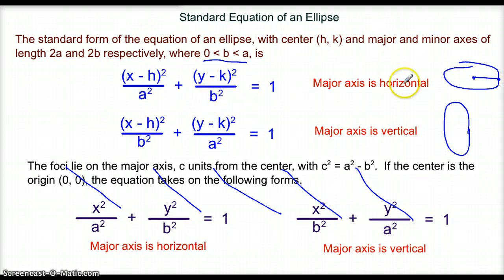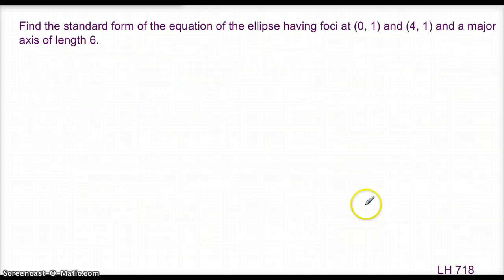And b is the distance along the minor axis, so b would be this distance. So that's a and that's b, not squared. These are the formulas that we need to use to work these ellipses, and we'll take up in the next video starting with some problems.